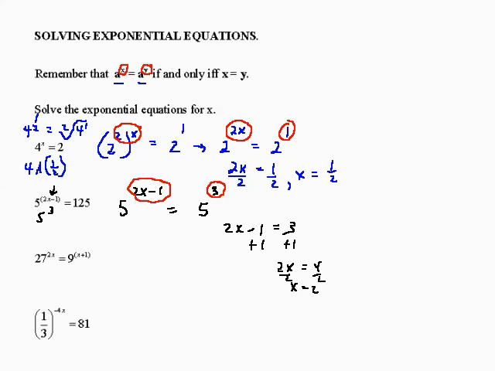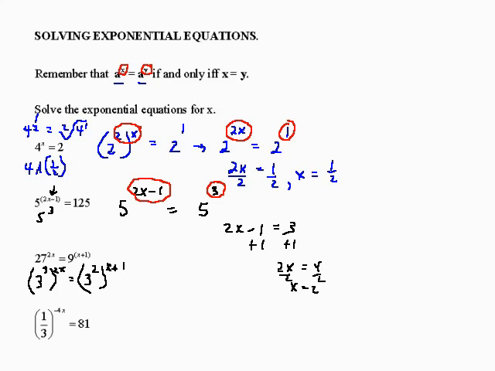All right, the next one. Now, this one's really going to blow your minds here. I think we're going to have to get 27 and 9 in base 3 form. So this is one of the tougher ones you'll see, these last two. We'll have to say 27 is 3 cubed raised to the 2x power. 9 will be 3 squared raised to the x plus 1 power.